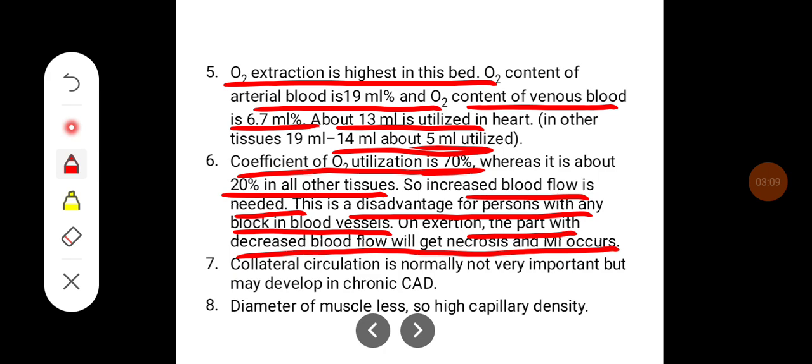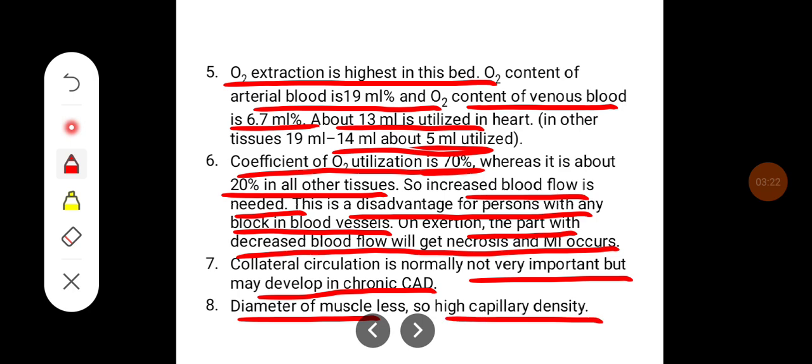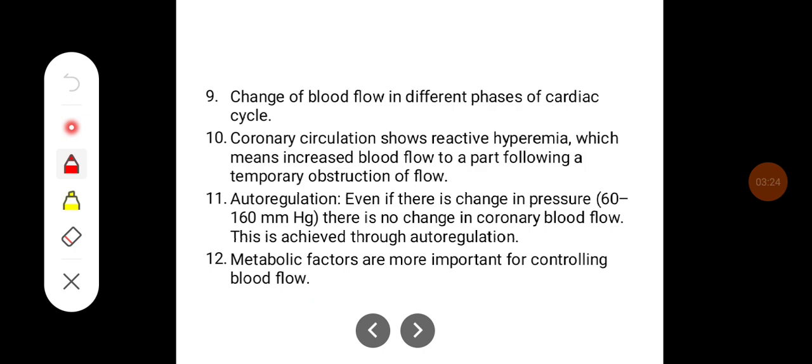Collateral circulation is normally not very important but may develop in chronic coronary artery disease. The diameter of the muscle fibre is less and so the capillary density is high. The change in the blood flow in different phases of the cardiac cycle occurs.